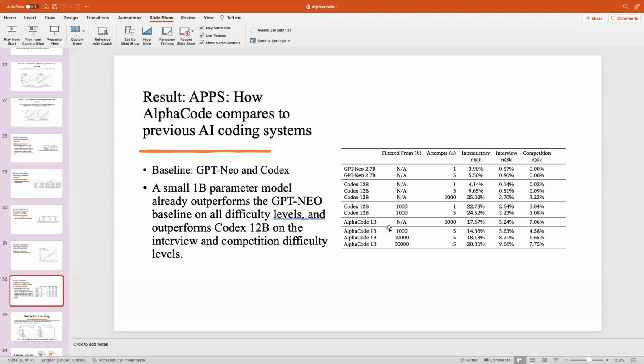So clearly, AlphaCode is much more effective compared to those two baselines, and even a 1 billion parameter model can easily outperform the GPT-Neo at all difficulty levels, and also outperform the Codex baseline. So it proves the effectiveness of the model.